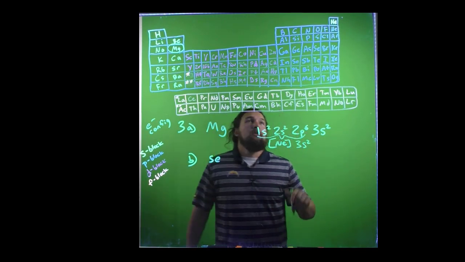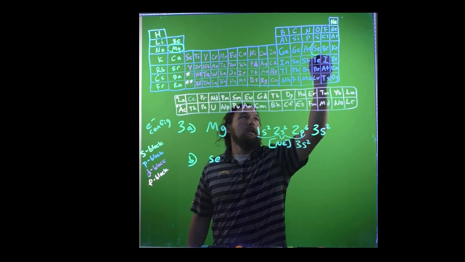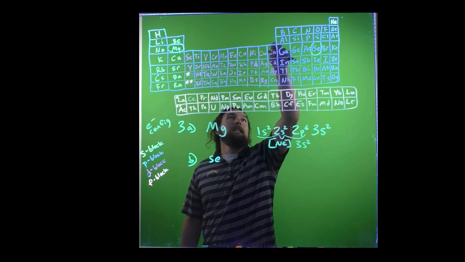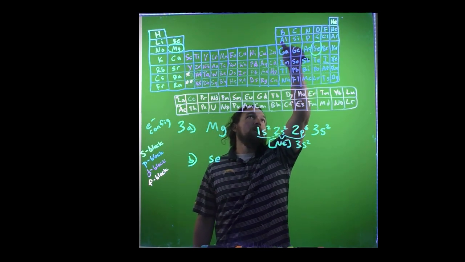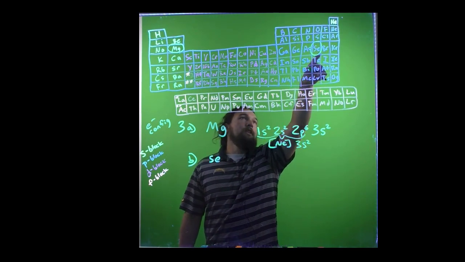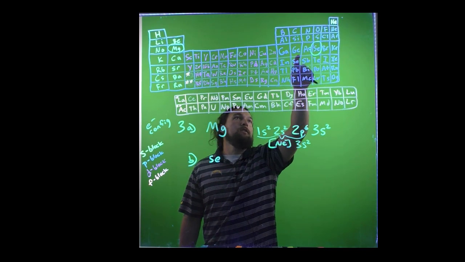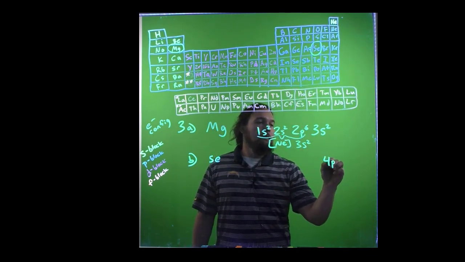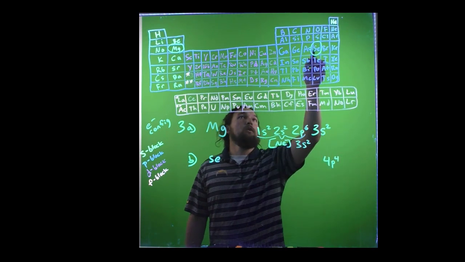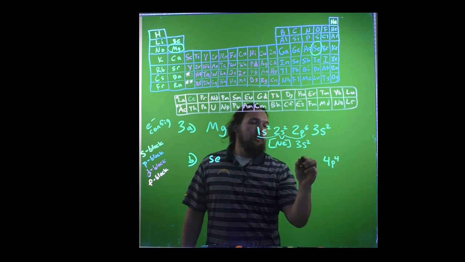For selenium now, it's located right over here. So this is in the P block, and once again, the P block starts at 2, so this is 2p, 3p, 4p. So this is going to end in 4p, 1, 2, 3, 4. So for selenium, it's going to end at 4p4. Working backwards, 3d10.